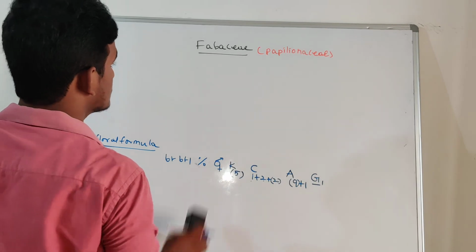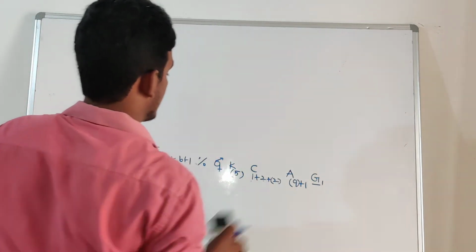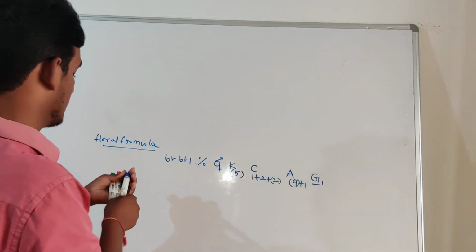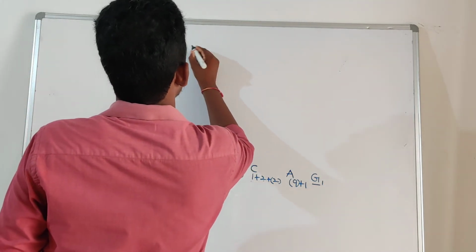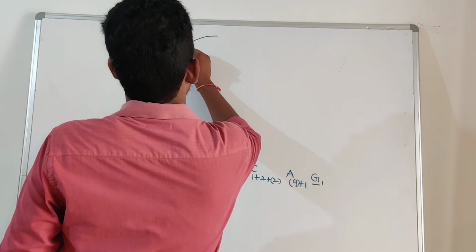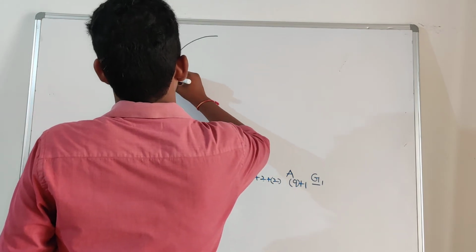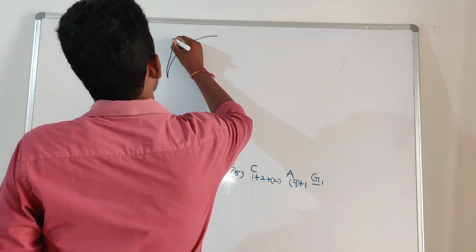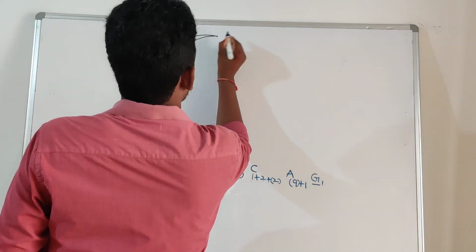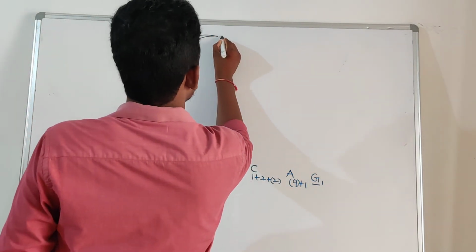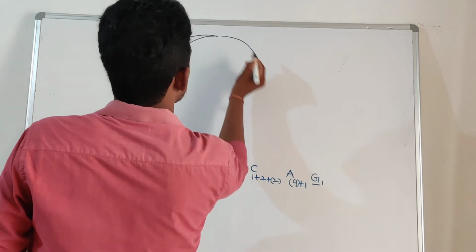See, based on this, now I will draw the diagram related to the Fabaceae family. Total how many sepals are present? 5 in number.